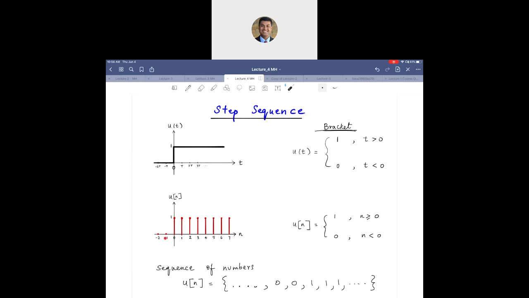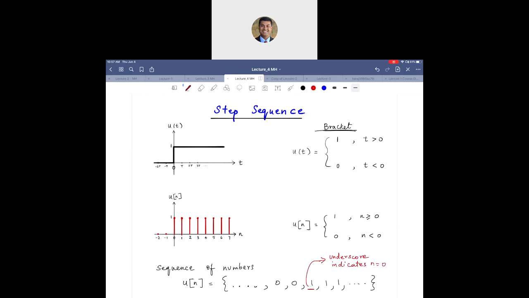Now, an obvious question is, if I were to represent this, which is the same as this, I should have some way to indicate where n equals 0 is. And the way you indicate n equals 0 is by simply putting an underscore at the number which corresponds to n equals 0. So let me highlight that. Underscore indicates n equals 0.